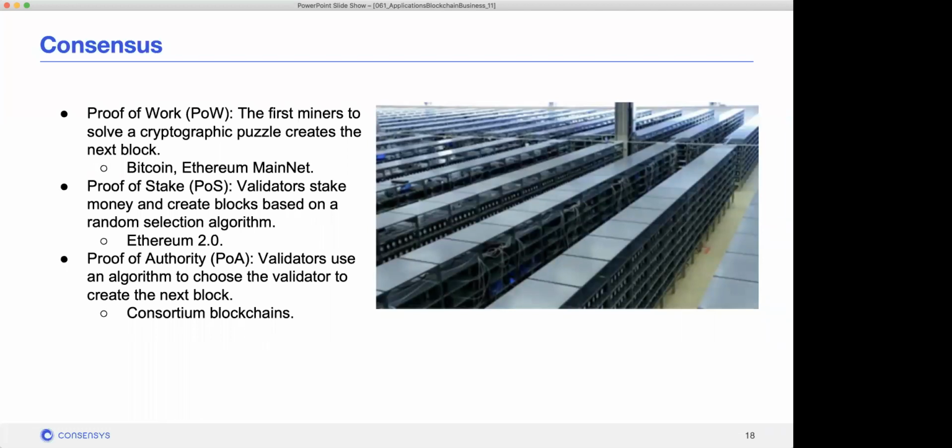Proof of stake is a way of validators staking some money to create a block and then using some sort of random selection algorithm to choose who gets to create the next block. The next version of Ethereum, Ethereum 2, will use proof of stake. Proof of authority is an algorithmic way of choosing the next block, and that's used with consortium blockchains.